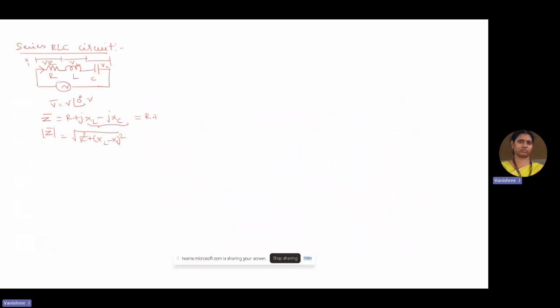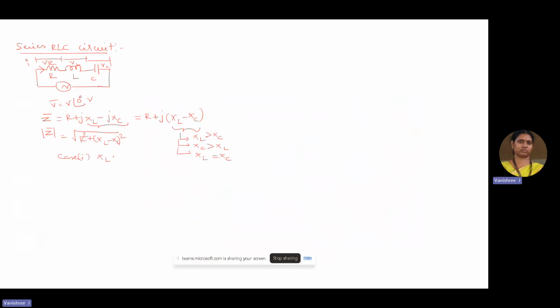We can rewrite this as R plus J into XL minus XC. Based on the value of the reactance, it results in 3 cases: either XL is greater than XC, or XC is greater than XL, or XL is equal to XC. First let us come to case 1.